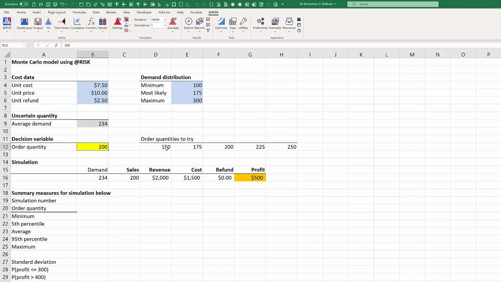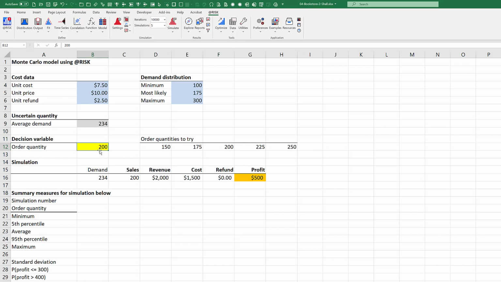We have 5 different values, so we want to simulate 5 times. So now we have to indicate somehow that we have to take these numbers and insert them into this cell and then repeat the simulation.